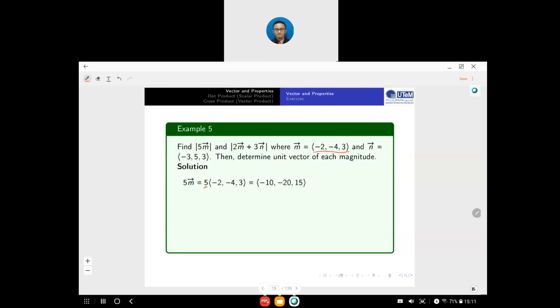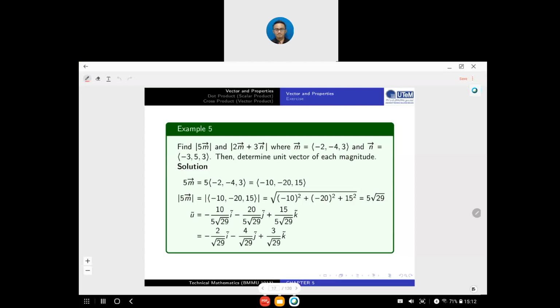When you multiply by 5, you get [-10, -20, 15]. Then to find the magnitude of vector 5m, we take the square root of (-10) squared plus (-20) squared plus 15 squared, and this gives 5 times the square root of 29. So this is the magnitude of 5m.